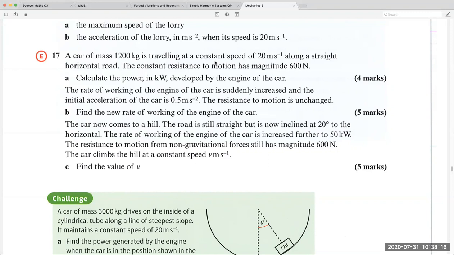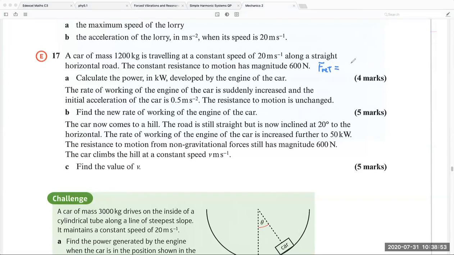So let me write down some steps. If travelling at 20 meters per second with a constant resistive force 600, and the rate of working of the car is suddenly increased and initial acceleration is 0.5, that means you can find the initial net force.